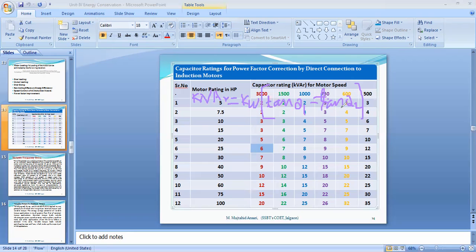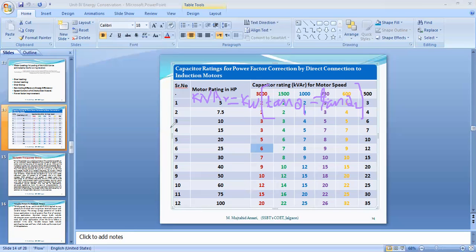The new power factor angle will be 0, so tan theta 2 is 0. Tan theta 1 is tan 36.86, for 0.8 power factor lagging, multiplied by the capacity of the motor, or the capacity of the plant. So we can find the capacity of the capacitor to connect.